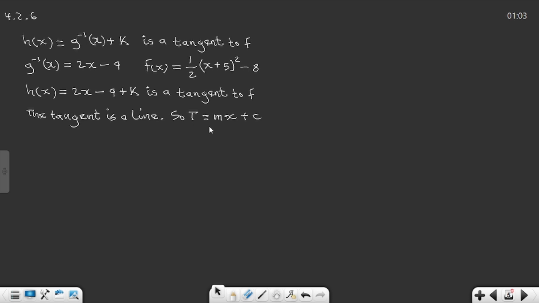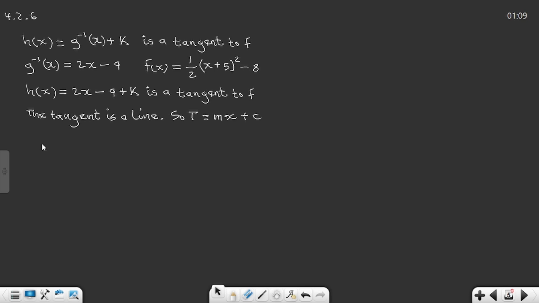Remember this is a general equation for a line or a linear function. Now the gradient of the tangent, which is m. Do you agree with me? So m, the gradient, is equal to 2, and negative 9 plus k is equal to c.